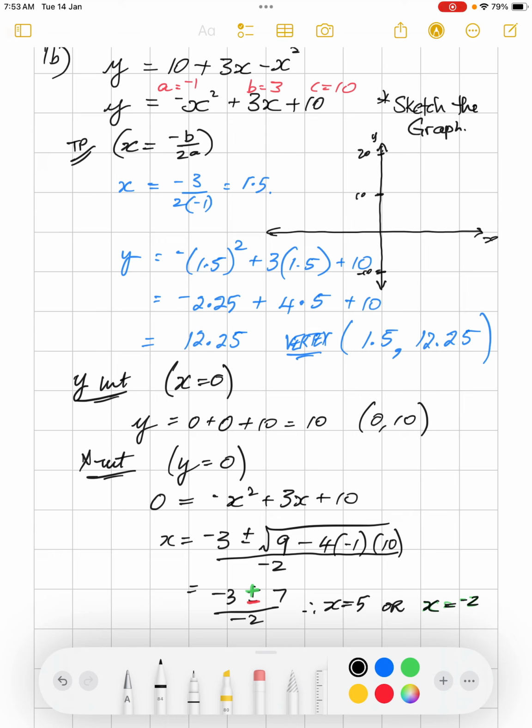And let's go to 5, 10, negative 5. So let's put these points, 1.5 and 12.25. So 12.25, 1.5 is about here.